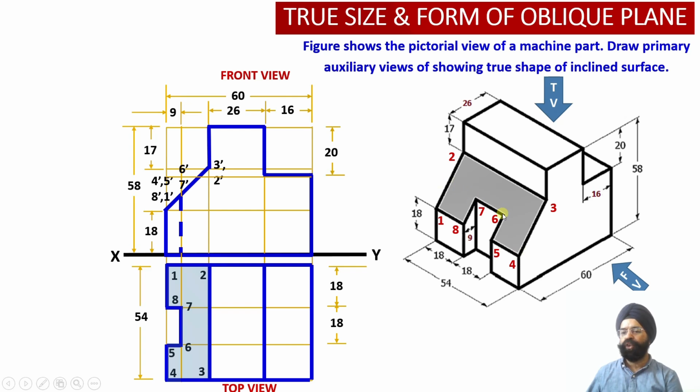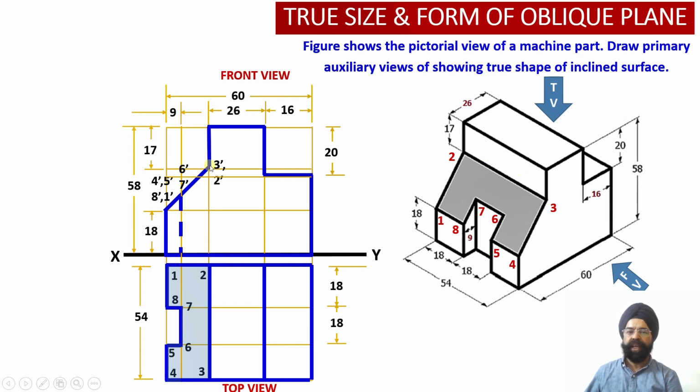Then there are another 2 points. Once we are looking at them from this side, they will also be coinciding with each other. If I extend this edge over here, points 6 dash and 7 dash will be appearing over here. And finally 3 and 2. Looking from this side, we get the point view corresponding to this edge. So points 3 dash and 2 dash will be located over here.